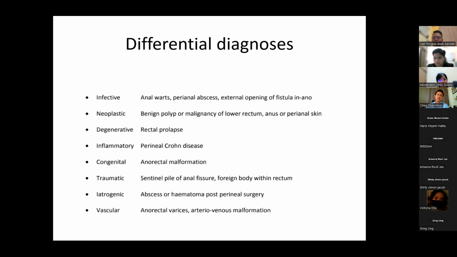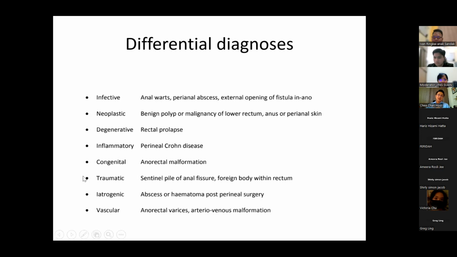Degenerative, we have patients, again, probably elderly, especially ladies, multipara. They have given birth a lot of times. There might be some form of obstetric trauma to the perineal region. So the perineal floor has been weakened. So these patients tend to get rectal prolapse easily.